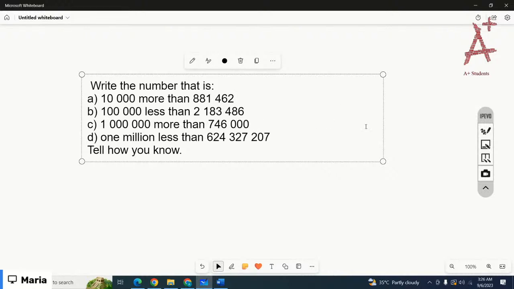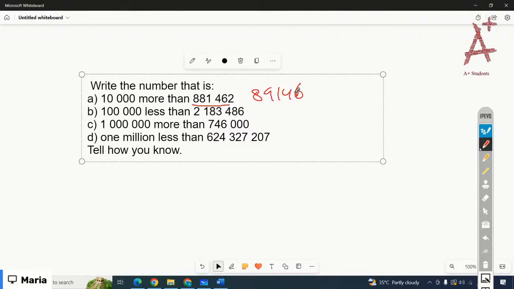Okay, let's just look at the first one. 10,000 more than 881,426, right? That means you have to add 10,000 to 881,426. For more means you have to add. Either you can use calculator or without calculator, right? 881,426 plus 10,000 would be 891,426.